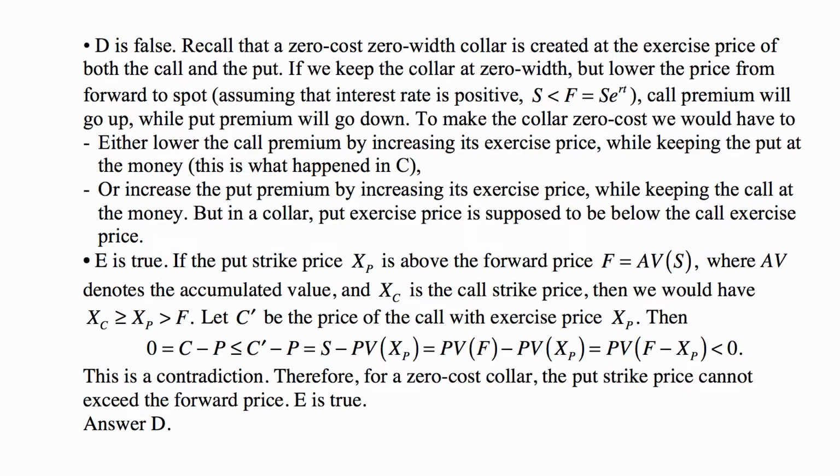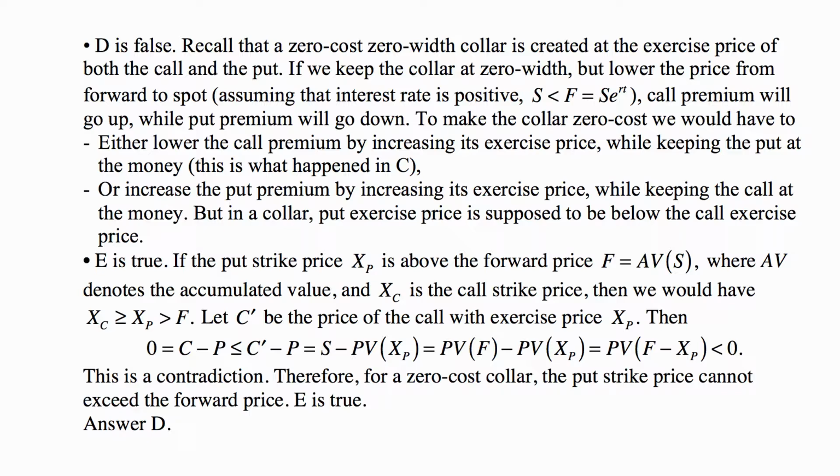So D is false. E is true. Suppose the put strike price XP is above the forward price, where AV denotes the accumulated value, so the forward price F is the accumulated value of the spot price, and XC is the call strike price. Then we would have XC greater than or equal to XP greater than F. Let C prime be the price of the call with exercise price XP.